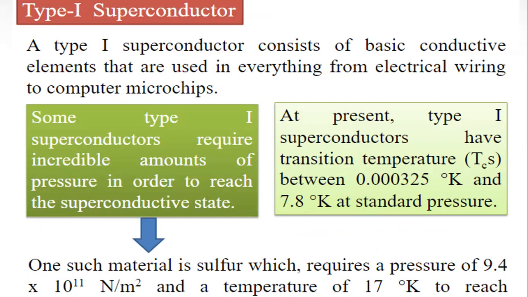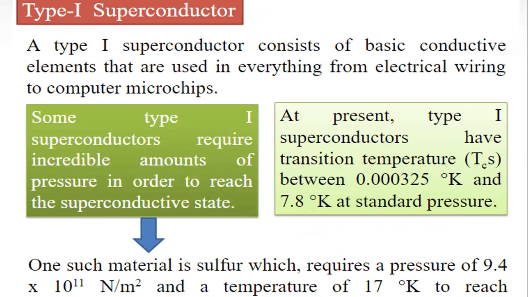Just now we said that type 1 superconductors consist of basic conductive elements that are used for electrical wiring, up to computer microchips. Some type 1 superconductors require a large amount of pressure in order to reach the superconducting state. That is why we call this type 1 superconductor a soft superconductor, because it contains basic electrical wiring.